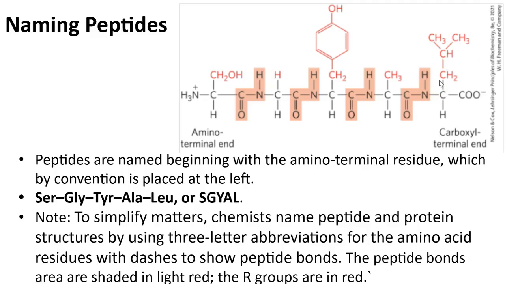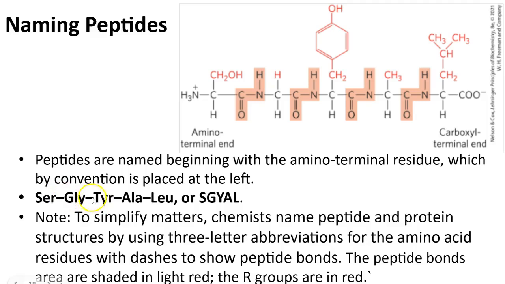To simplify matters, chemists name peptides and protein structures by using 3-letter abbreviations for the amino acids, which is listed right here in this form. And the abbreviations for the amino acid residues are written with dashes to show the peptide bonds.